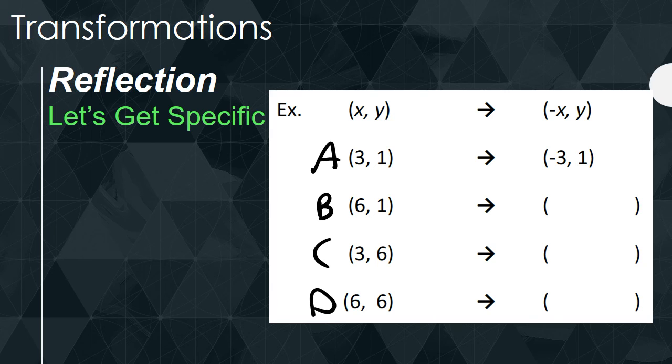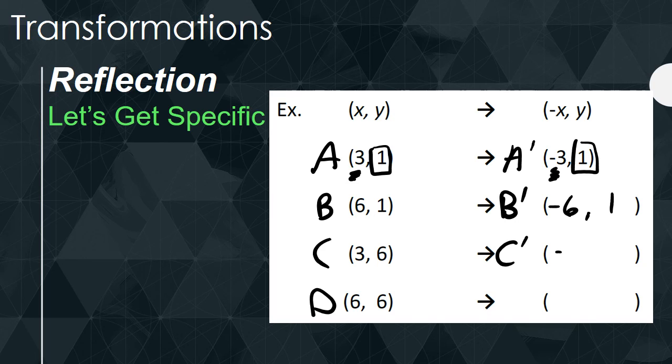So our specifics: to get to A prime, we realize that our x-coordinate is the one that changes, and our y-coordinate, we notice, stays the same since we're reflecting over the y-axis. To get to B prime, we know that our x-coordinate is the opposite and our y-coordinate stays the same. We can keep that pattern going for C prime and for D prime.